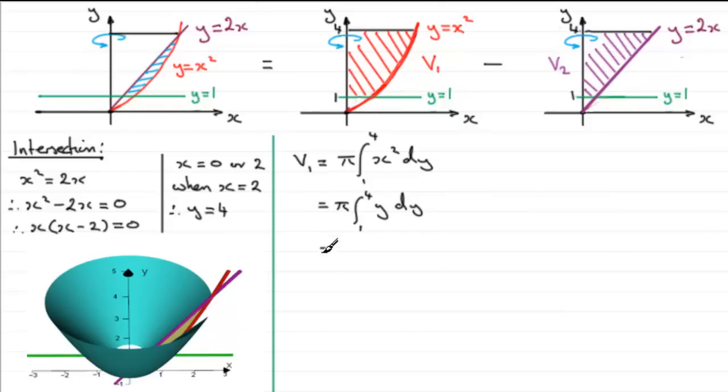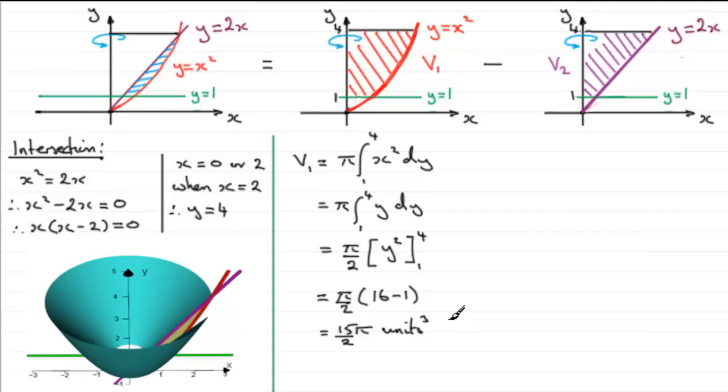And if we integrate y with respect to y, that's going to be y squared over 2. I'm going to pull the half out the front. You don't have to do that, but I just think it's easier. So what we've got here is y squared over 2, going between those limits 1 and 4. So if we substitute these values in, we've got pi over 2, and then we've got 4 squared, which is 16, and then minus 1 squared, which is minus 1. And that's going to give us 15 pi over 2. So there's our volume, V1, 15 pi over 2, and we'll just put that that's units cubed, being a volume.